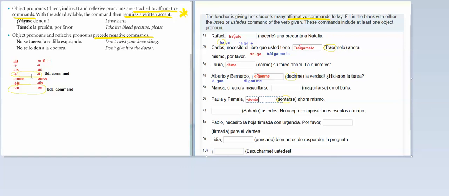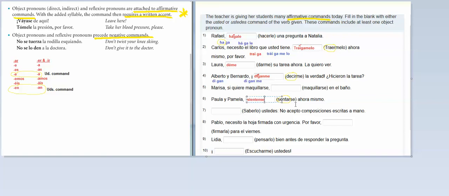But it's an AR verb, and it's for 2 people, because I'm telling Paula y Pamela to do this, so I'm going to put an EN on the end. So I'm going to do sienten, and then I'm going to add se. And remember that your reflexive pronoun matches the subject of the sentence, because you're telling them to do this themselves.